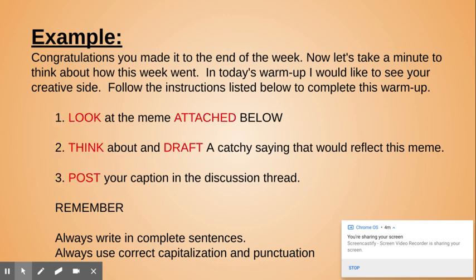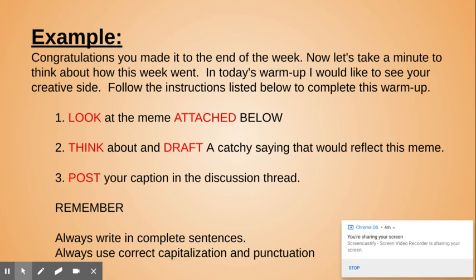The next thing that we are going to look at are these keywords that are highlighted in red. As you can see, look at the meme attached below are in red words. That means that you need to pay specific attention to these. Sometimes they won't be highlighted for you, so you have to think about what you're reading and figure out what it is asking me to do.